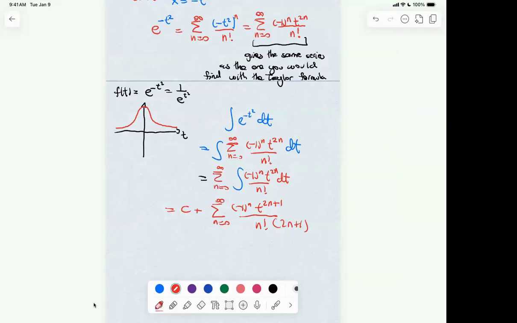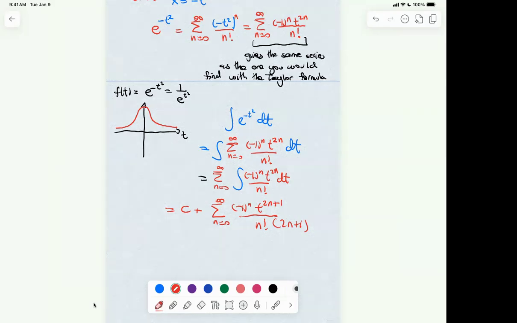Does the resulting series always converge? Yes, as long as you're working in the safe zone, because the Taylor series is just a particular power series. As long as you're in the interval of convergence, you can integrate term by term, and it will have the same radius of convergence and everything.